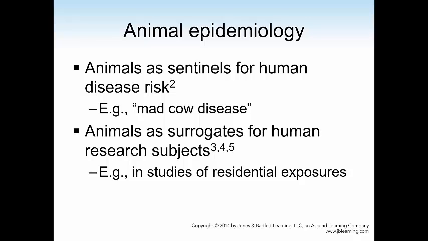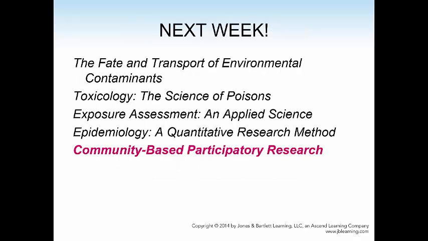And of course, we already talked about that when we were talking about rodents and bioassays. So it's very useful in order to be able to try to mimic what goes on in humans and human populations. I'm not going to go into that in any detail, but it's something that I might bring up a little bit later on, okay?